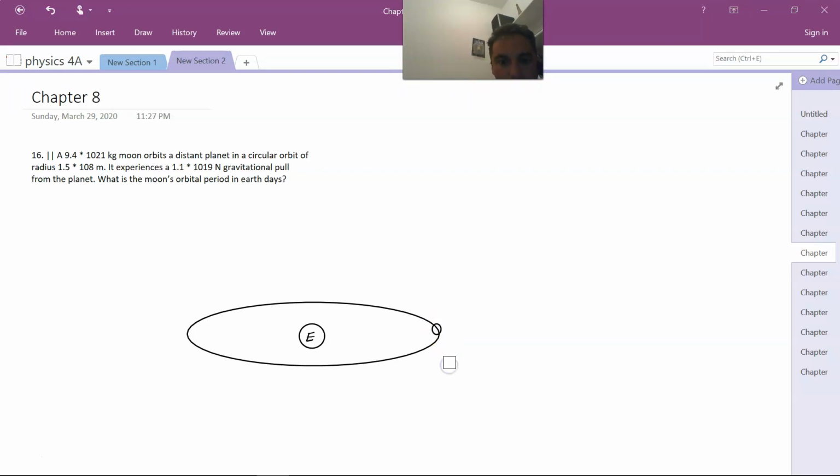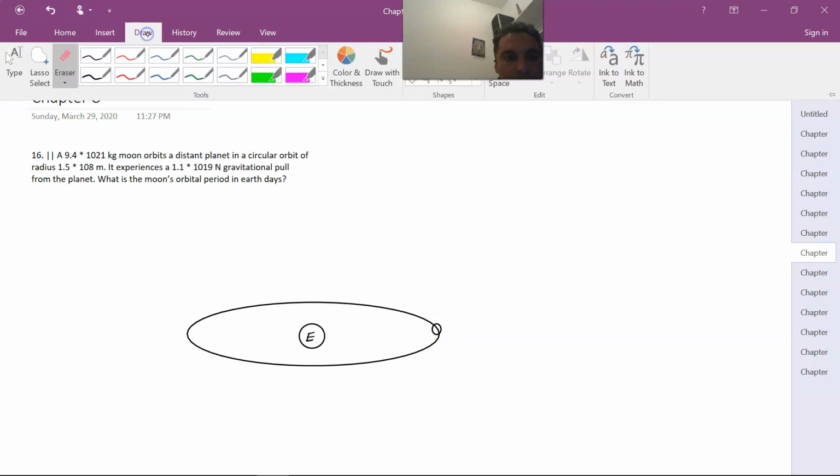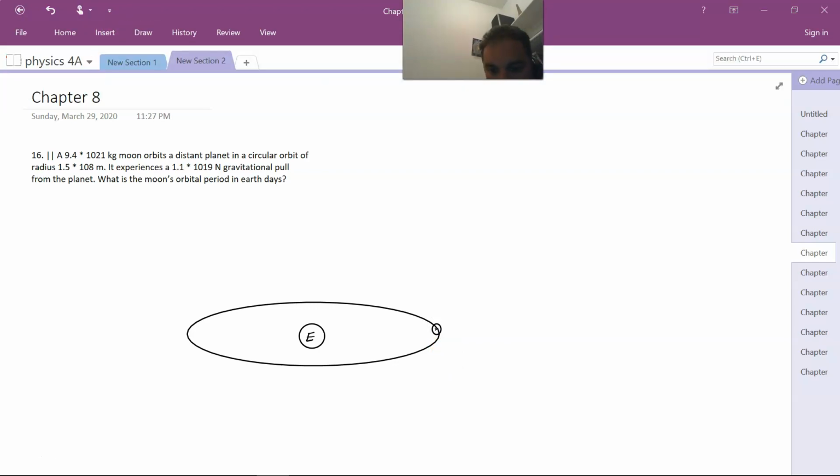All right. Let's say this is moon and this one is Earth.